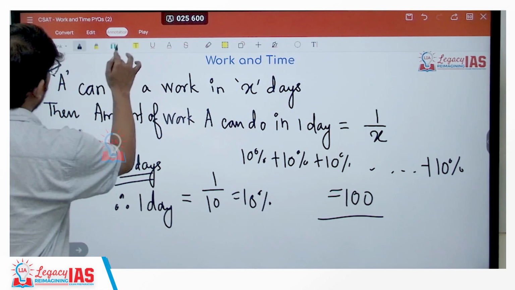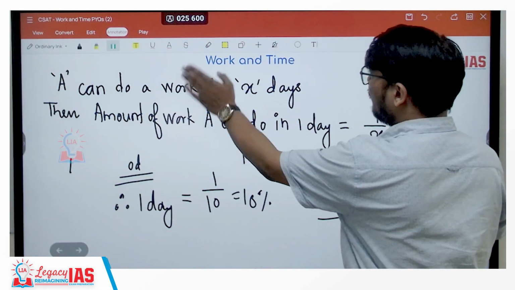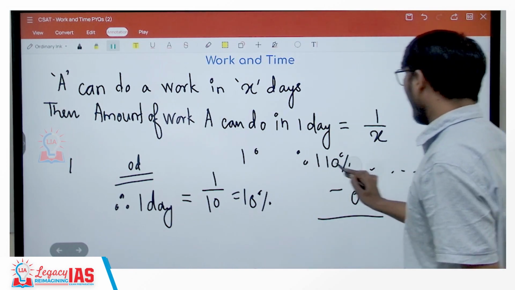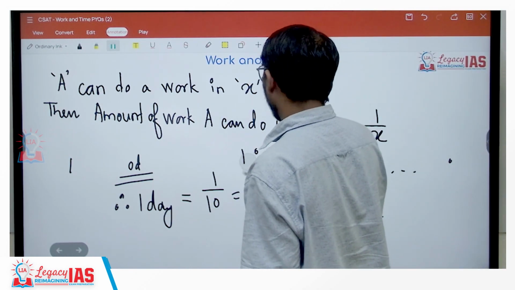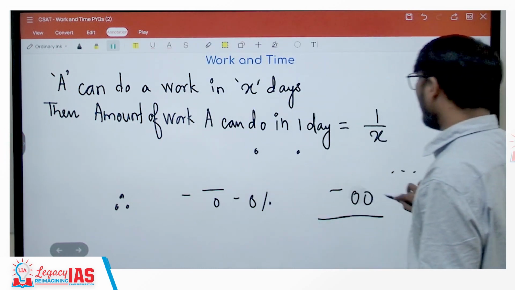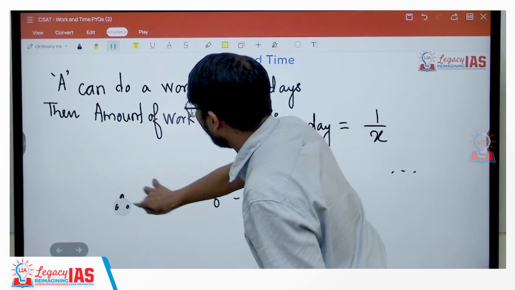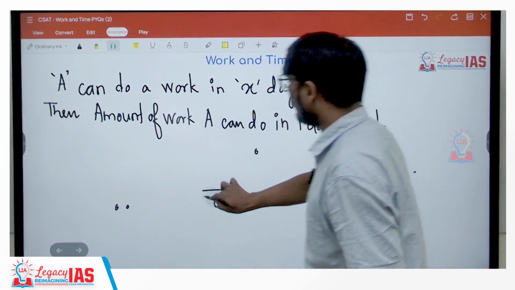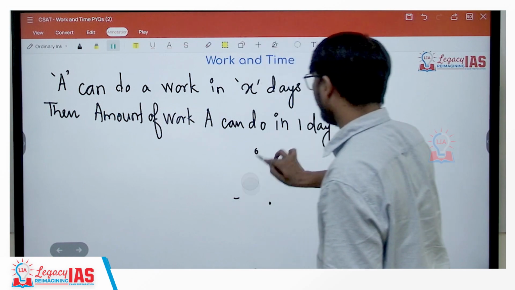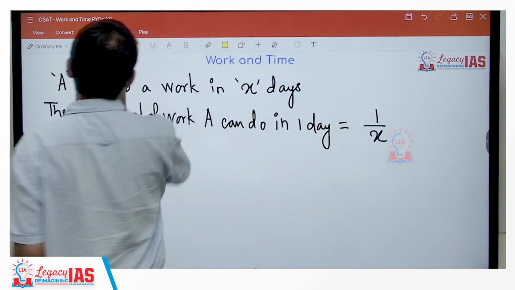So let us focus on the equation. If A can do a work in X days, that means the amount of work A will do in 1 day would be 1 by X. That means 1 divided by the number of days A is taking to do the entire job. I would write it down clearly here.